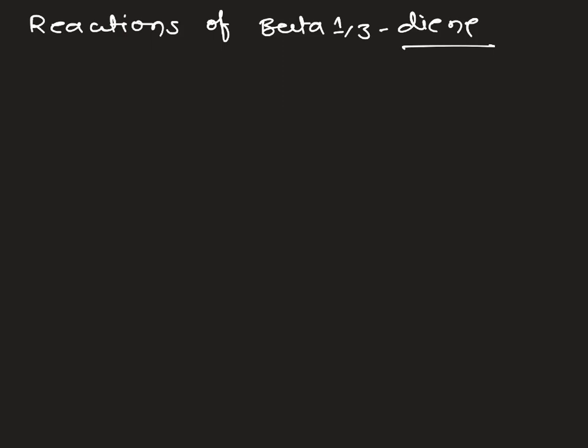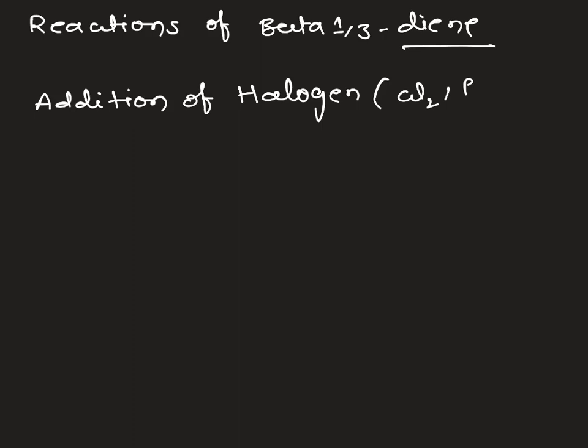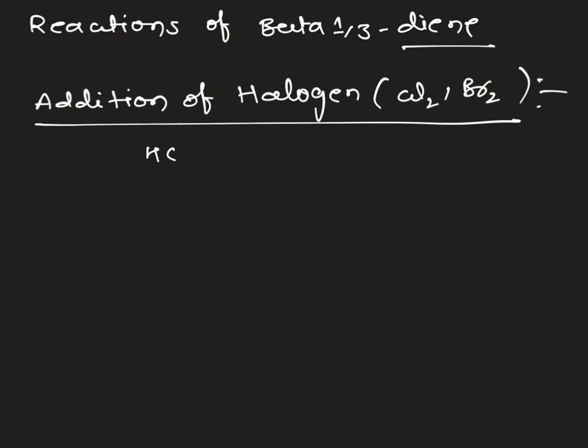Let's take the first reaction, addition of halogens, chlorine or bromine. I am taking butadiene as the starting material and reacting it with a halogen, X2.